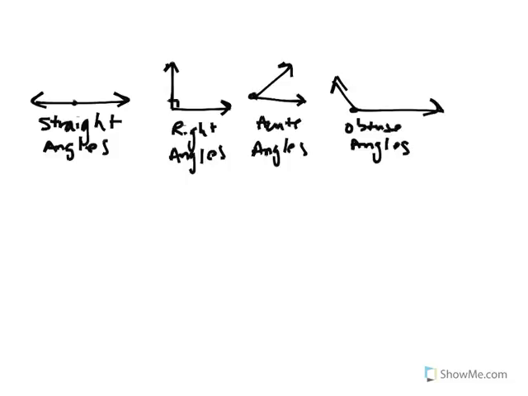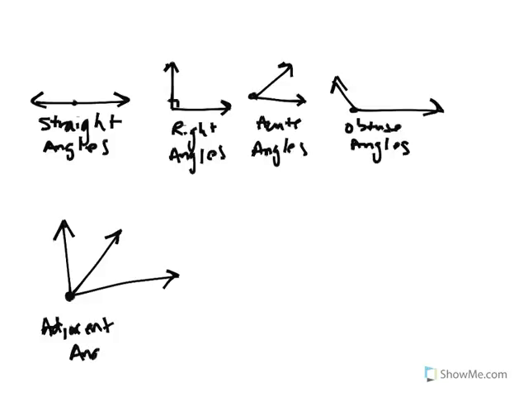Right, and then we also have adjacent angles, which are 2 angles that share a vertex and a common side. We have vertical angles formed by 2 intersecting straight lines.